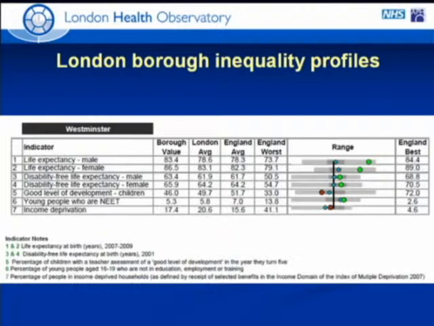And then the grey bar is the range of all values in England, and the dark grey bar is the interquartile range. So for this borough, Westminster, they're not doing very well on child development and income deprivation, but they're doing okay on the others.